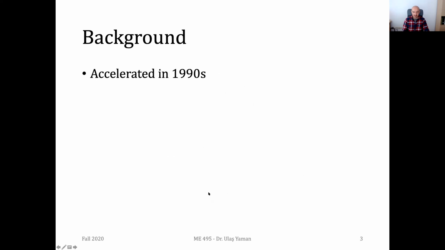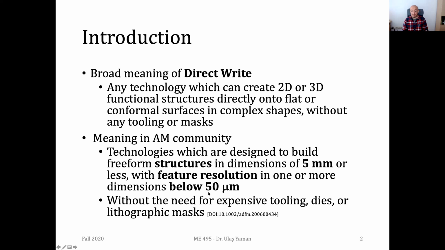It's 50 micrometer, and this is not possible with some other additive manufacturing technologies. So in summary, once you see direct write technology in any additive manufacturing related document, you can assume that it's about producing very small products having smaller features.